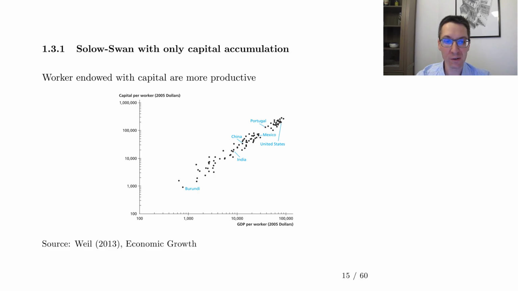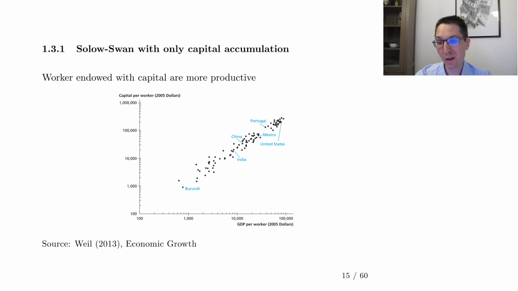Countries who started accumulating capital became vastly wealthy compared to others. As you can see on the graph, it really looks like countries who do have lots of capital are also the ones where workers produce the most. So is that the secret to growth?